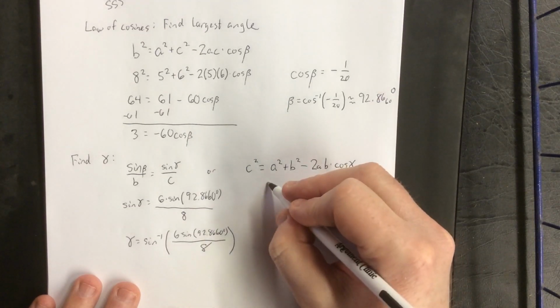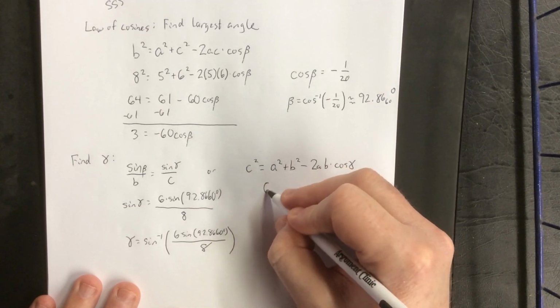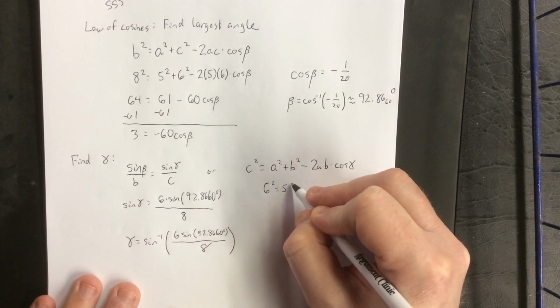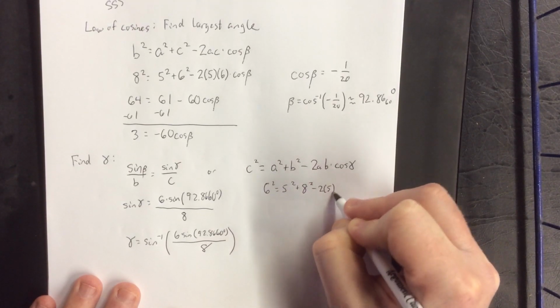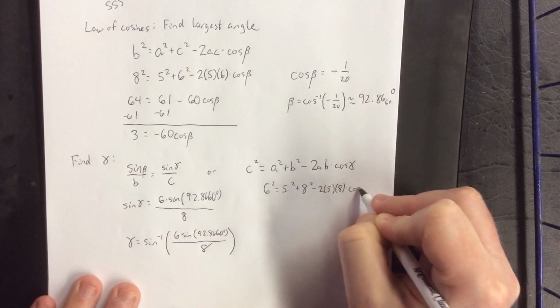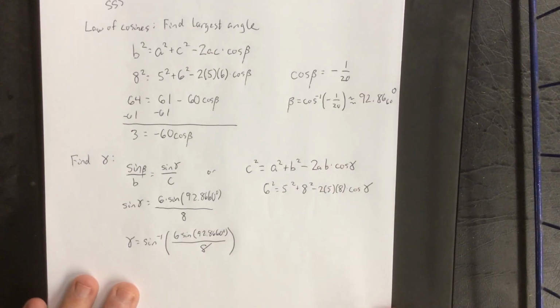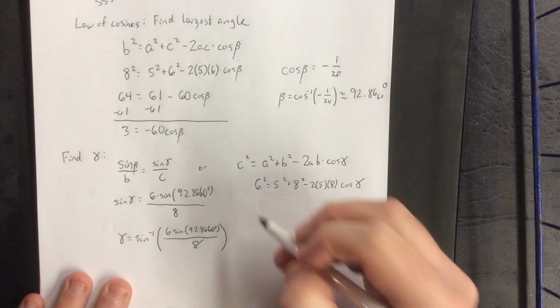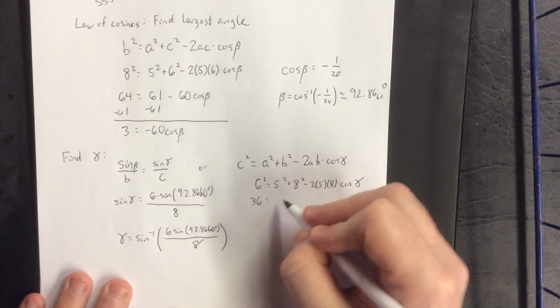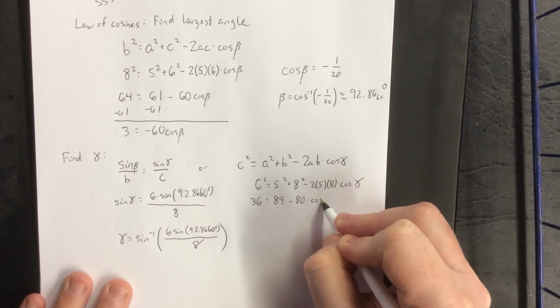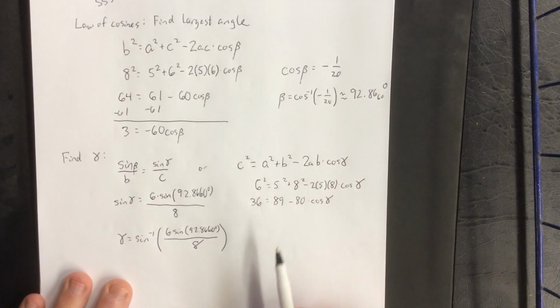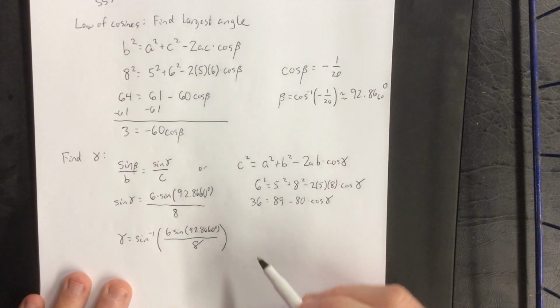So plugging in things that we know, this will be 6 squared is equal to 5 squared plus 8 squared minus 2 times 5 times 8 times the cosine of gamma. This will be 36 is equal to 89 minus 80 times the cosine of gamma. Subtract 89 from both sides.